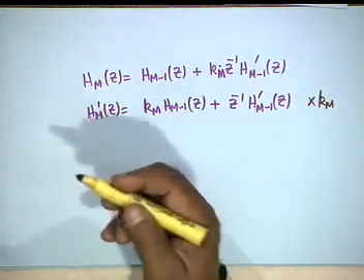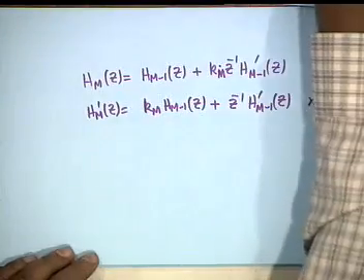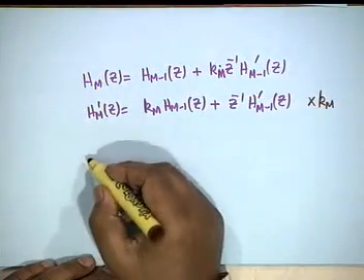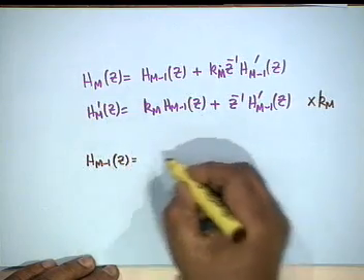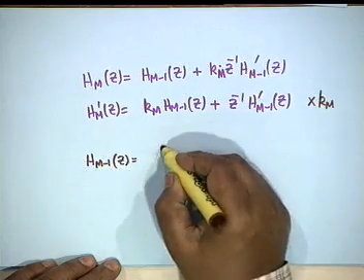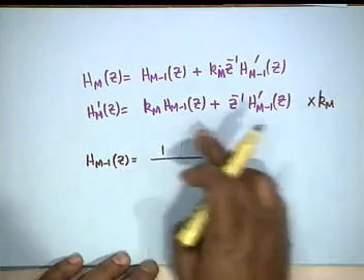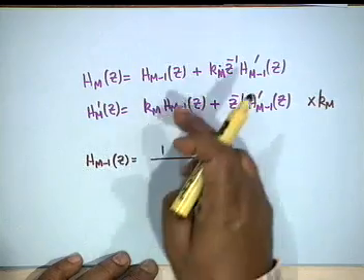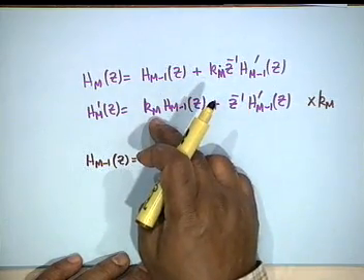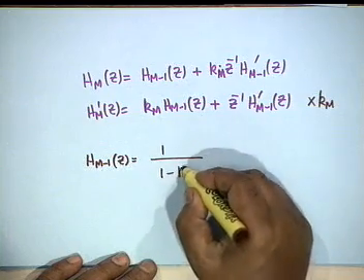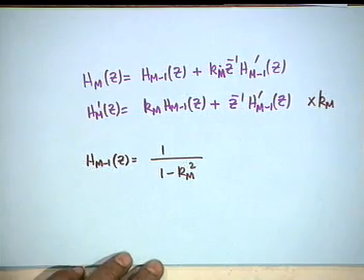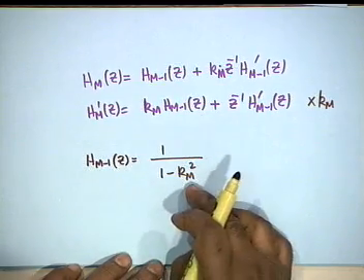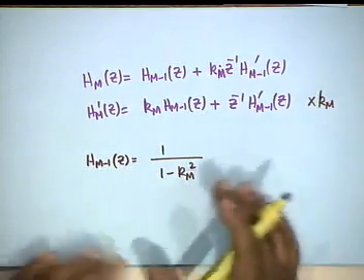That gives you H_{m-1}(z) equal to 1 by, if you multiply this by k_m, then you get k_m squared. So, 1 by 1 minus k_m squared. You see, this nuisance has already started showing its teeth. If k_m is equal to 1, you are nowhere.